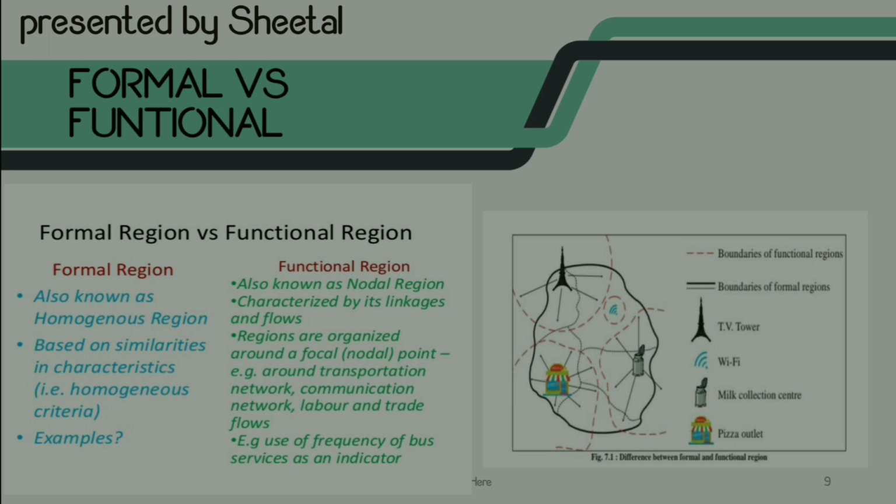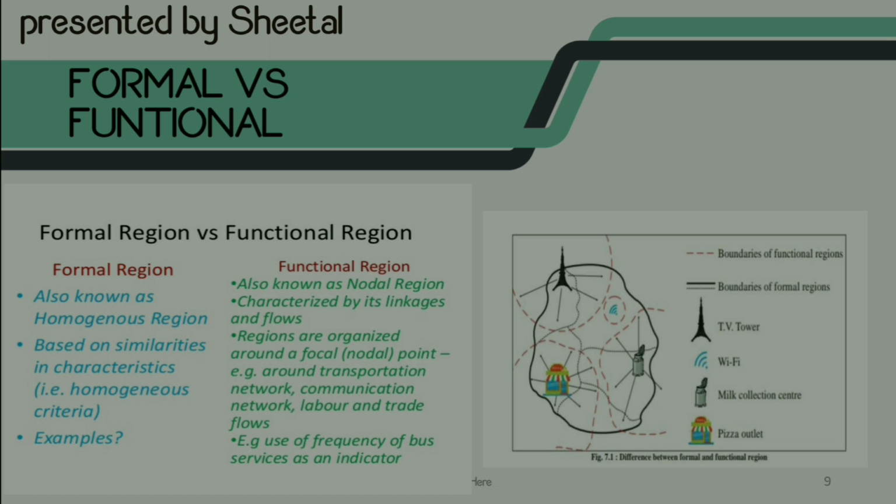One node is linked with various types of regions and the functions are carried out simply. The formal region is based on similarities in characteristics and homogeneous criteria. In the formal region you can see more focus on the common characteristics, on the similarities. Hence it is called a uniform region and is also homogeneous in nature.